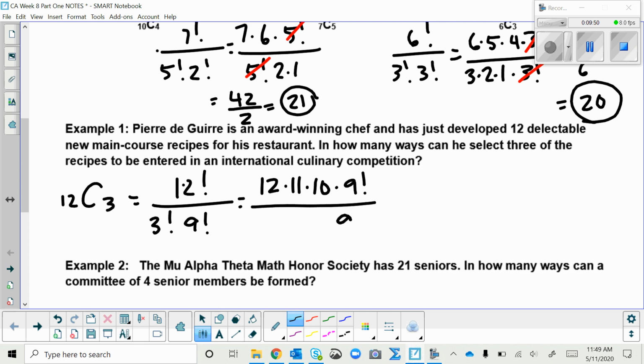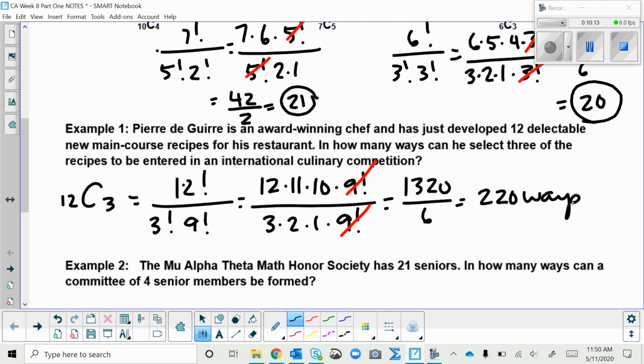Because I'm going to cancel with the 9 factorial, and then I need to break down that 3 factorial to see what it equals. So those 9s are gone. Multiplying across the top gives me 1,320, and across the bottom gives me 6. There are 220 ways that out of 12 dishes, he can pick 3 to be sent off.